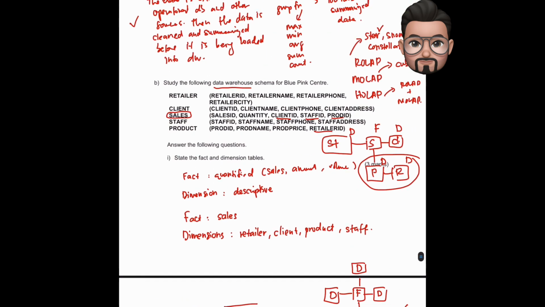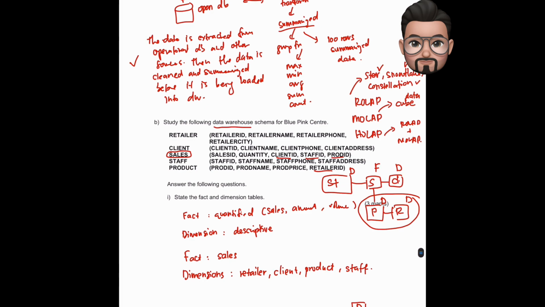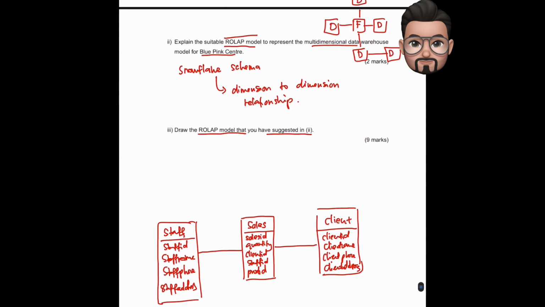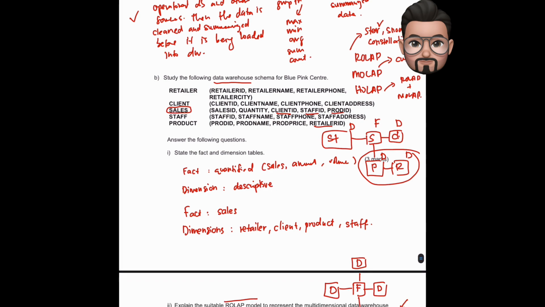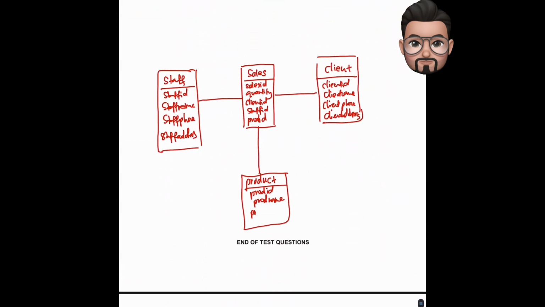Okay, then what else do we have? Product. So what is inside product? We have prod ID, prod name, prod price, retailer ID, and the last one, what do we have?